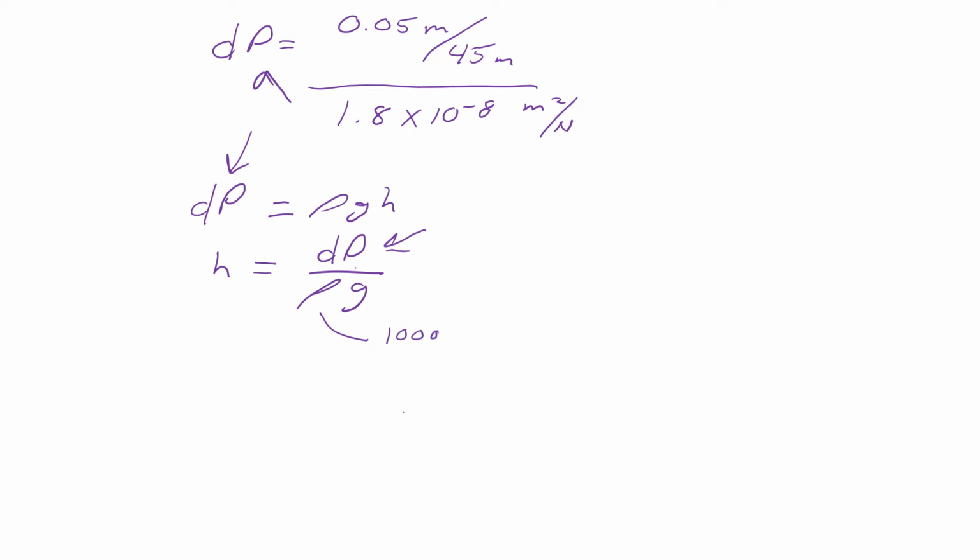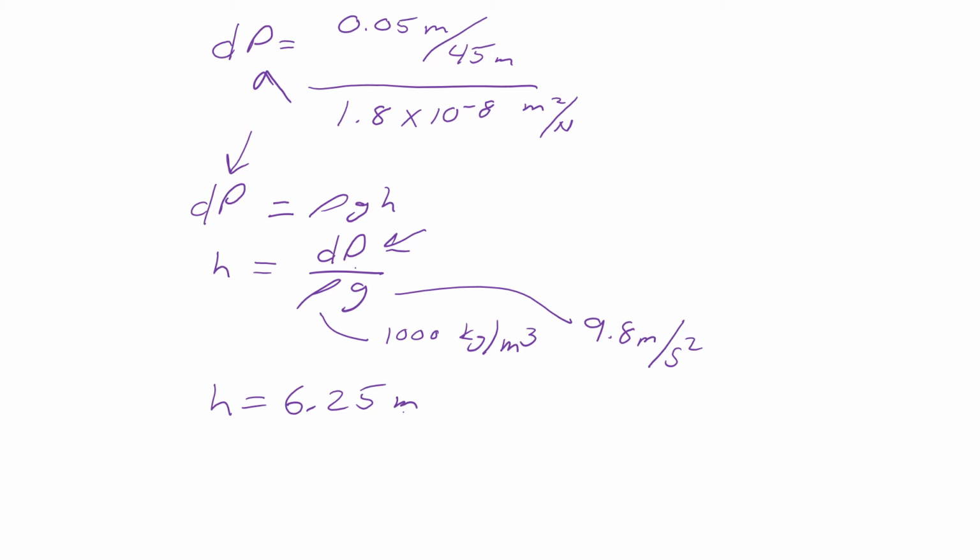Density of fresh water is 1,000 kilograms per meter cube. Acceleration due to gravity, 9.8 meters per second squared. If you plug all this in, you should end up with a value of H equals 6.25 meters.